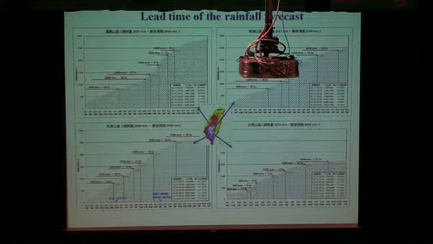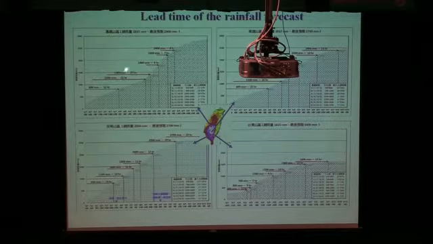And this diagram summarizes the leading time of the rainfall forecast. For example, over this particular area, the leading time is more than 5 hours. For some of these areas, the length of the bar represents the leading time of the forecast.